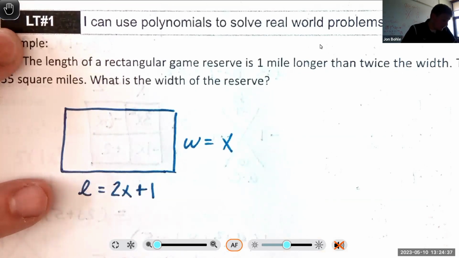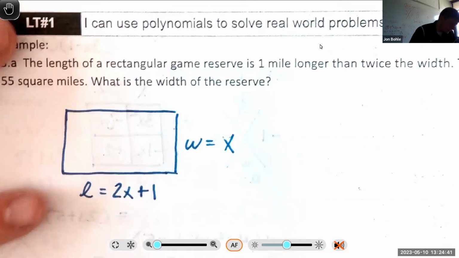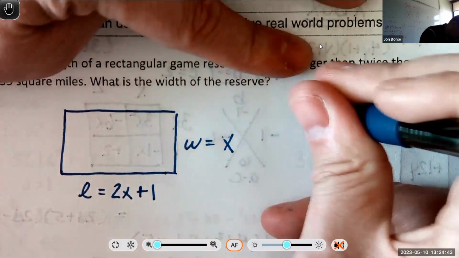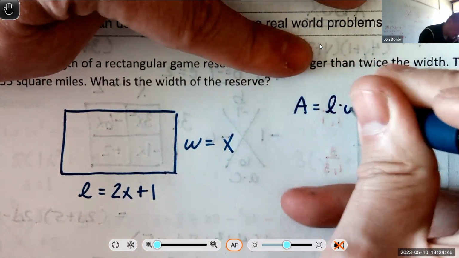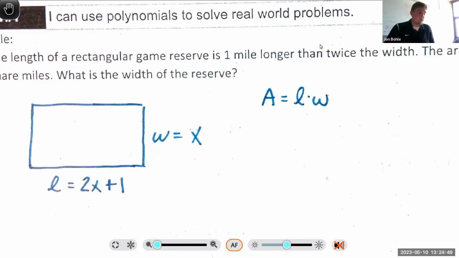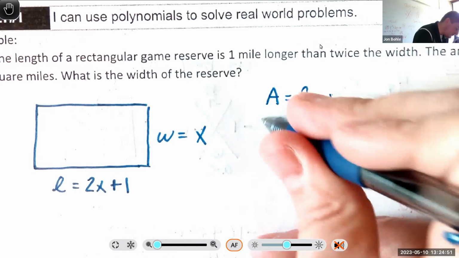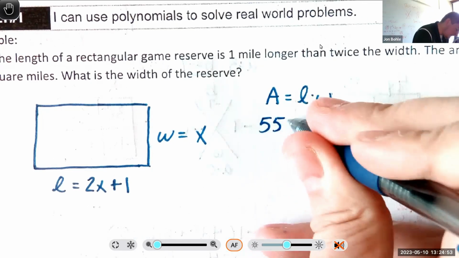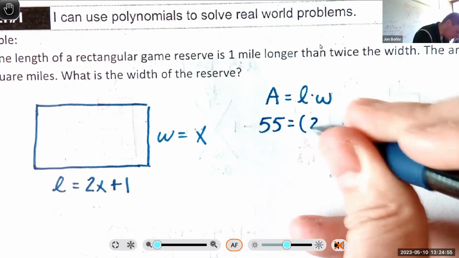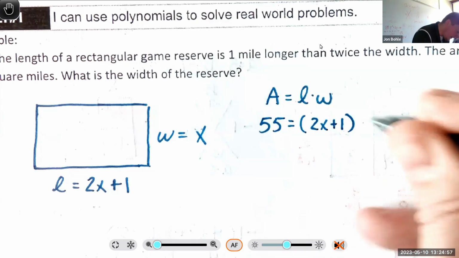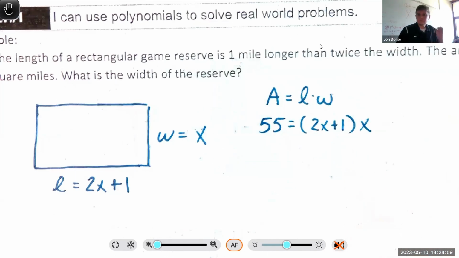Then it says the area of the reserve is 55 square miles. So we have an area formula, length times width. We talked about how area and quadratics are very closely related. We know the area is 55 square miles, the length is 2x plus 1, and the width is just x.